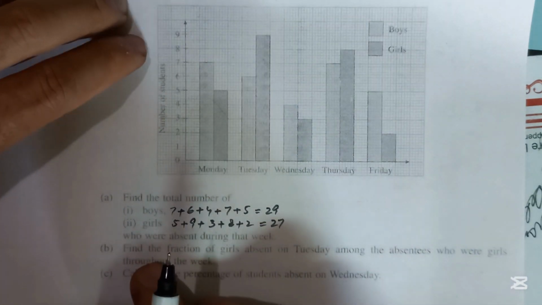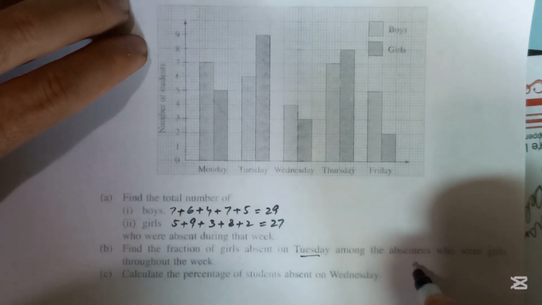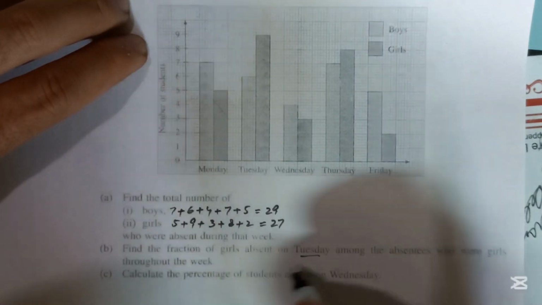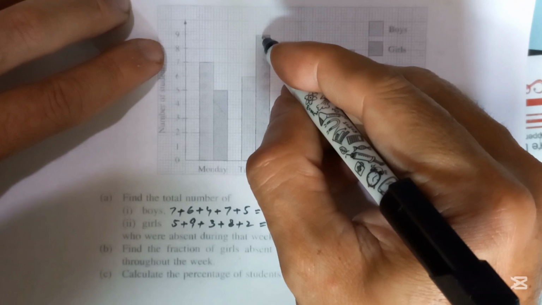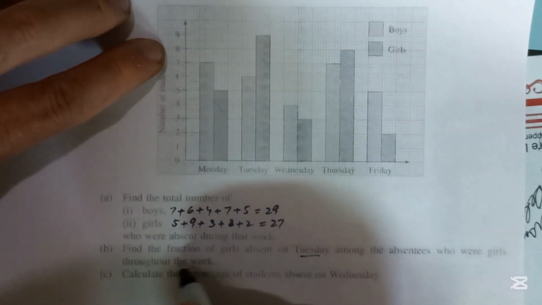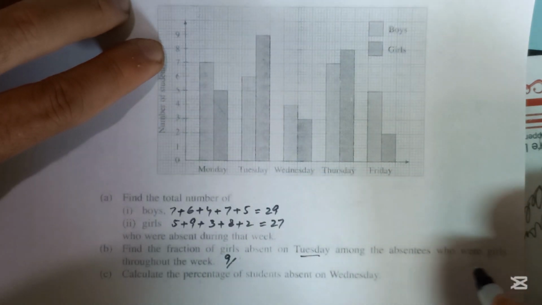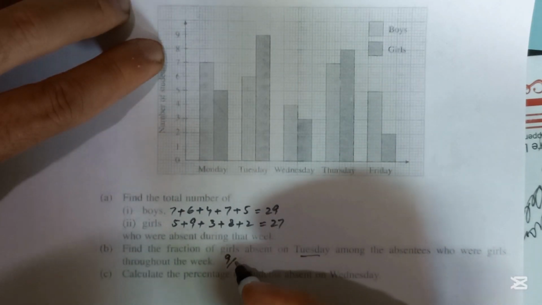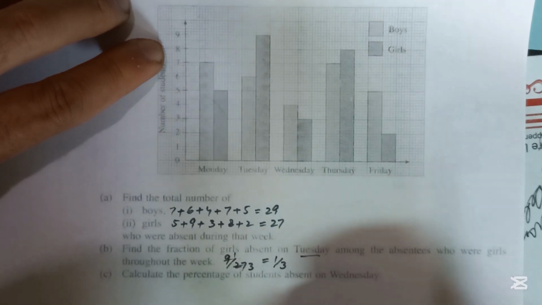Next requirement is to find the fraction of the girls absent on Tuesday among the absentees who were girls throughout the week. So Tuesday, girls absent on Tuesday are 9. Requirement is fraction, so 9 by absentees who were girls throughout the week, and throughout the week girls were 27. So 9 ones are 9, 9 threes are 27, so 1 by 3 is the fraction.